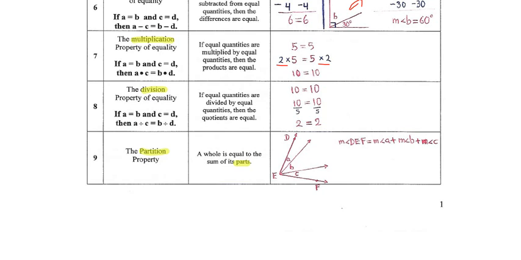And the important thing about these properties is not only being able to identify them, but also use them in proofs, in geometric proofs, which is what we're going to be doing in the next few lessons starting today. And what is a proof?